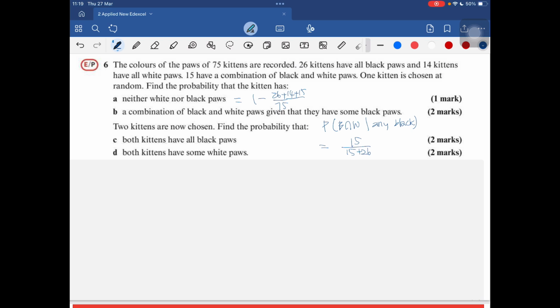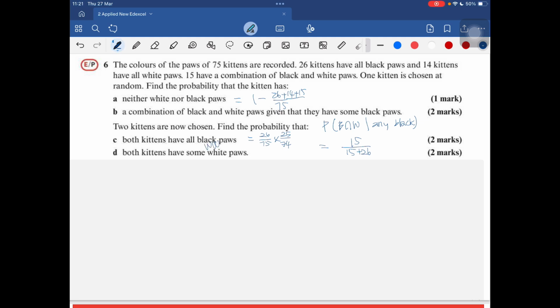Two chosen, both all black pose, both some white pose. Okay, so first we may find, out of 75, 26, and out of 74 we may find 25. So some white pose.